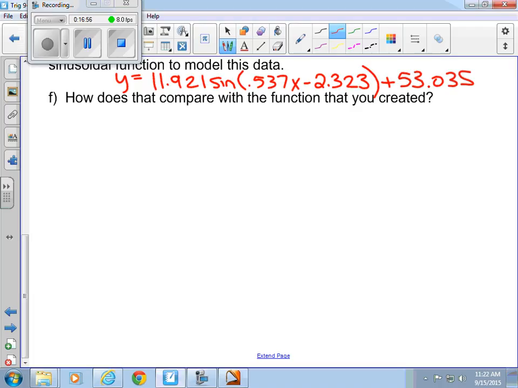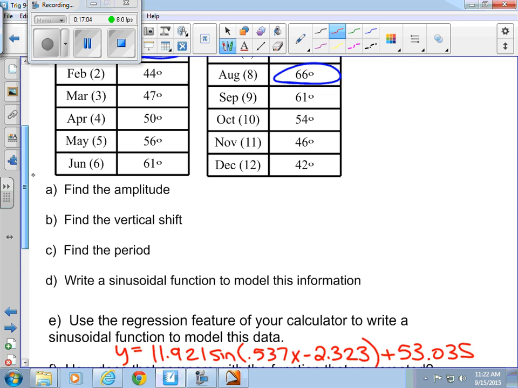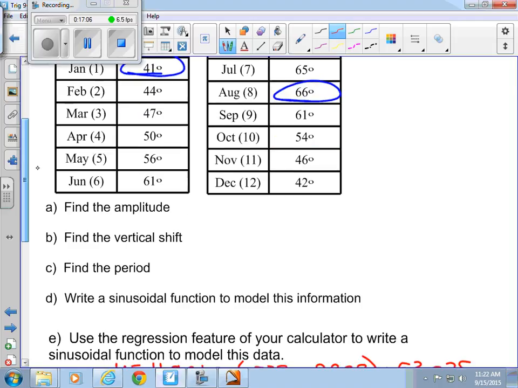So this will walk you through again by hand finding the function. The amplitude, how am I going to find the amplitude? 66 minus 41 divided by 2. That's 25 divided by 2, so 12.5. They got 11.